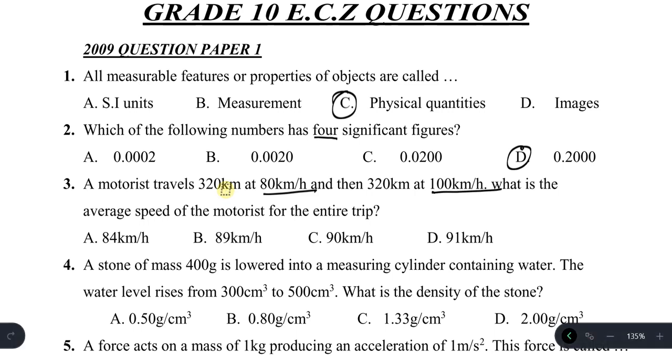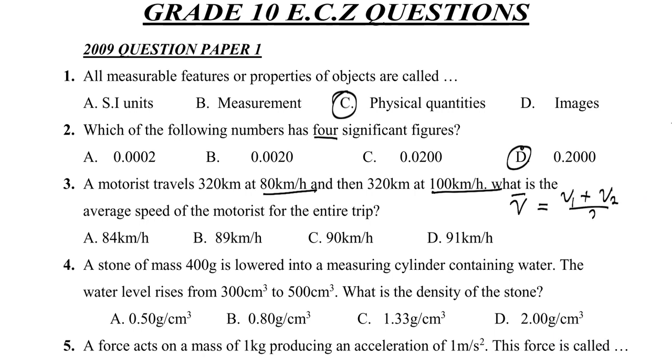Since we are given 2 speeds, the average speed is going to be equal to speed number 1 plus speed number 2, then we divide by 2 because they have given us 2 speeds here.